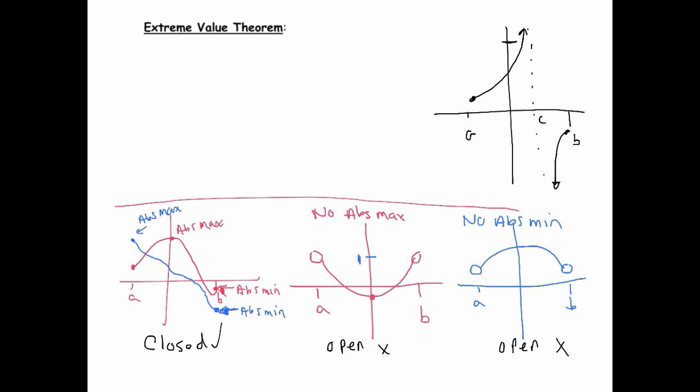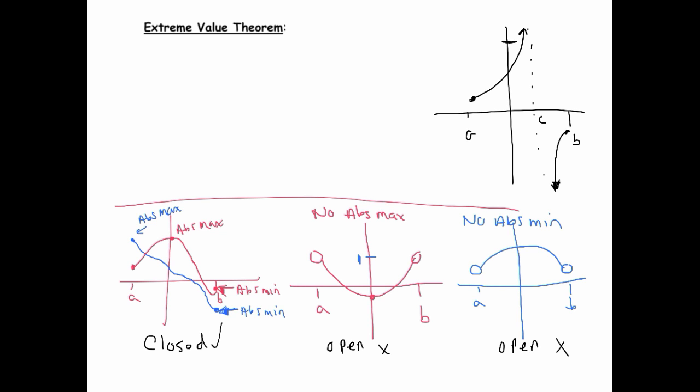And any y value you give me as a candidate for the absolute min, I'll always be able to find one smaller by traveling along the curve on the right toward the asymptote. So all that forces us to restrict our attention to functions that are continuous and defined on a closed interval.